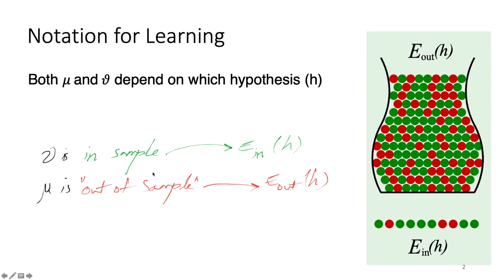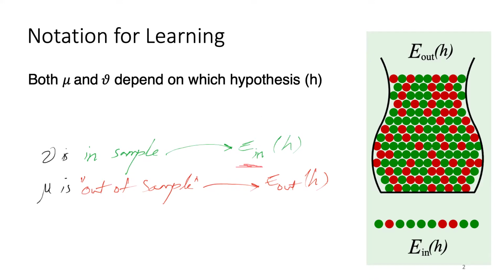We said we're going to characterize the mu, or we, by the in-sample percentage drawn from those bins inside this jar. We're going to call this in-sample, and using the hypothesis H, the in-sample error of the hypothesis H.